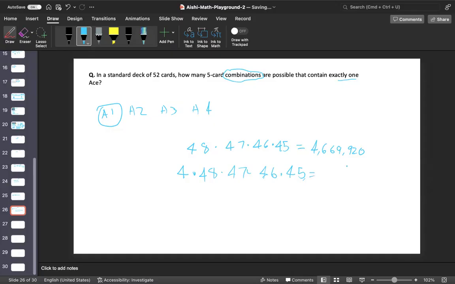So we end up with a huge number, 18,679,680. Wow.